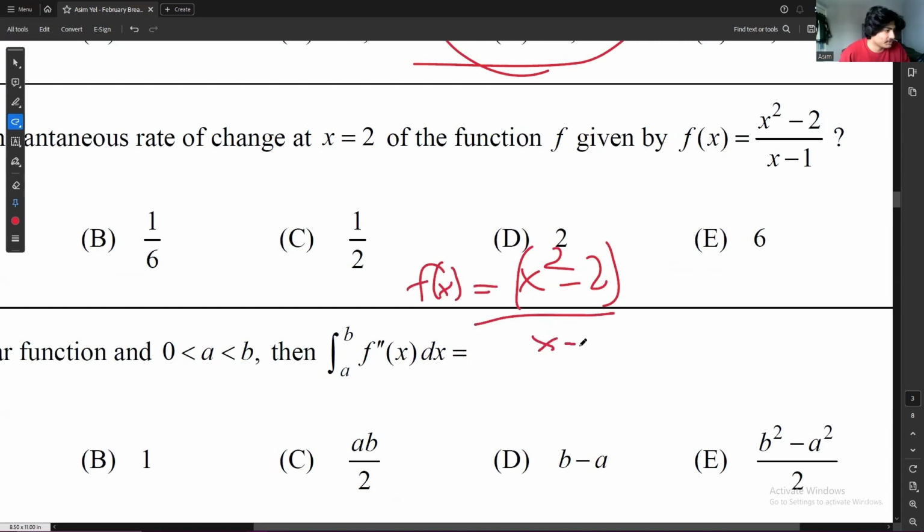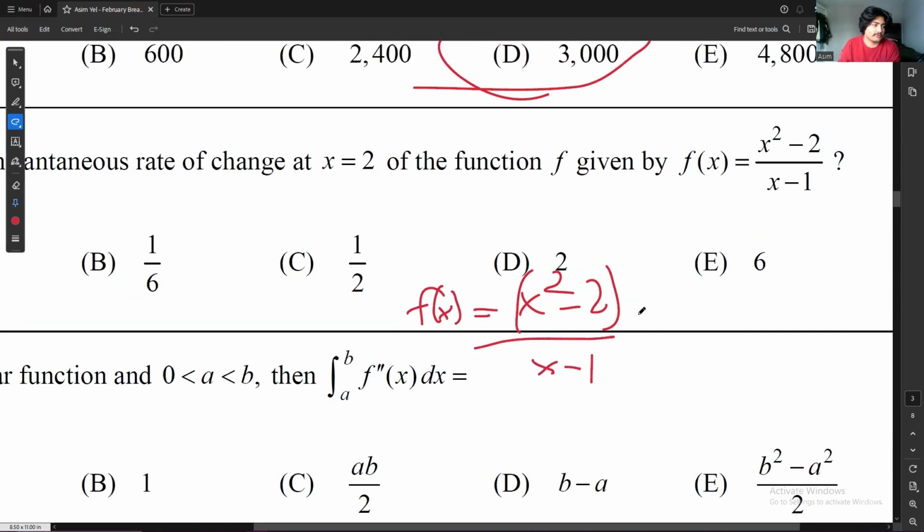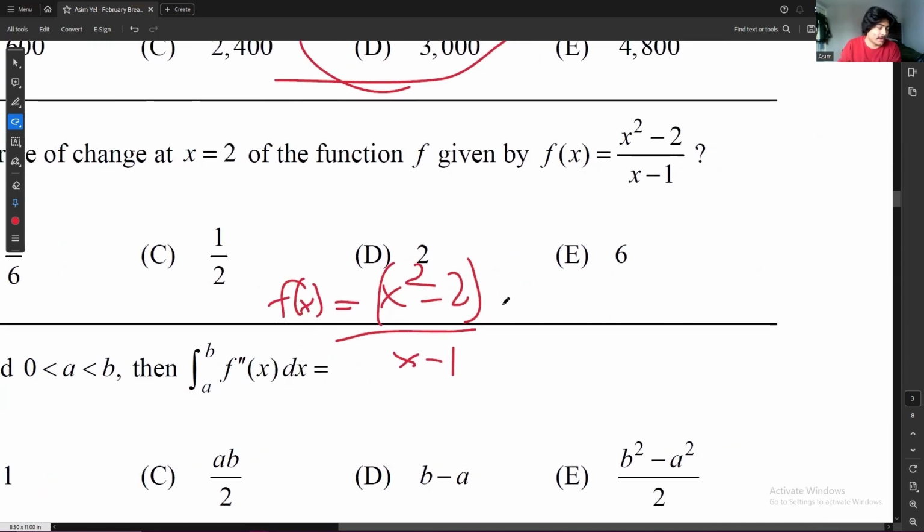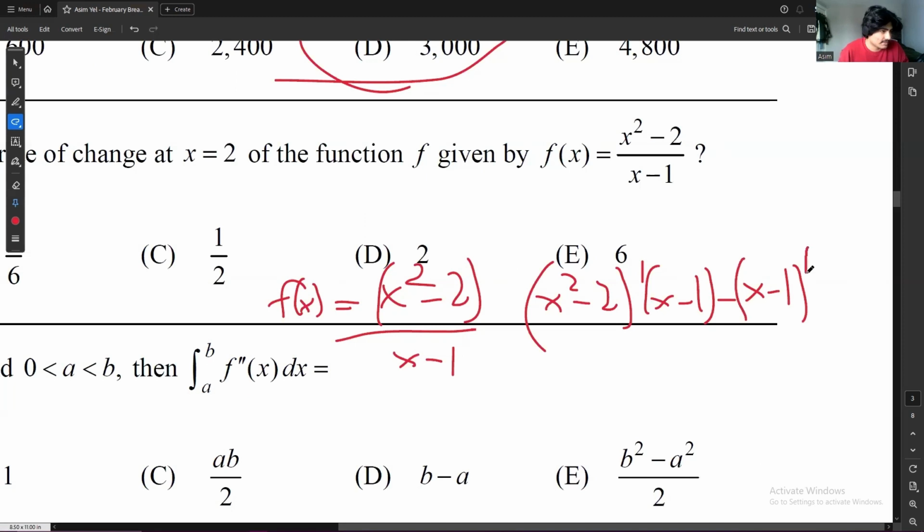this is our function, and when we're taking a derivative of a fraction, we first take the derivative of the first, times the second, which is the bottom, minus the derivative of the second, I'm sorry, times the first, over denominator squared.